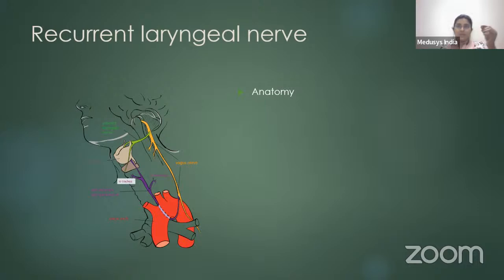But if they ask what it hooks around, one should not fumble. That's why I put this question, because it was asked in the examination. Left side, arch of aorta, and right side, the subclavian artery.